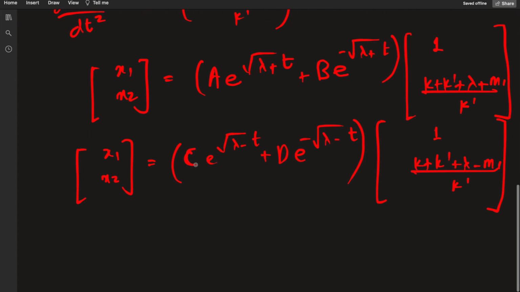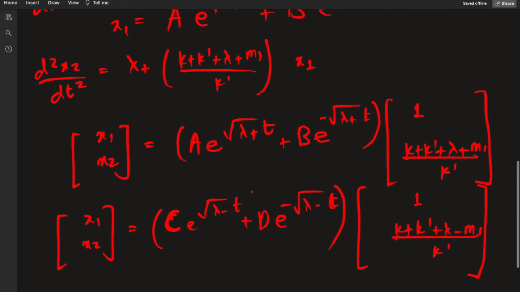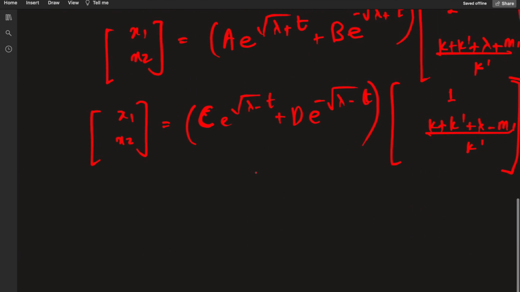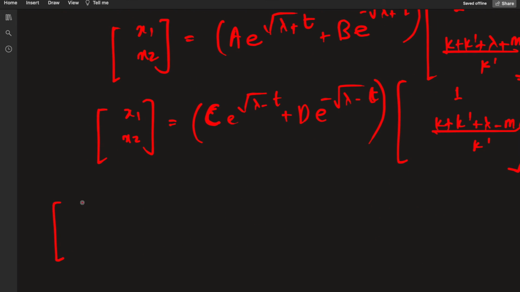We get a solution like that. And since it was a linear system all along, the general solution will be a linear combination of these guys.